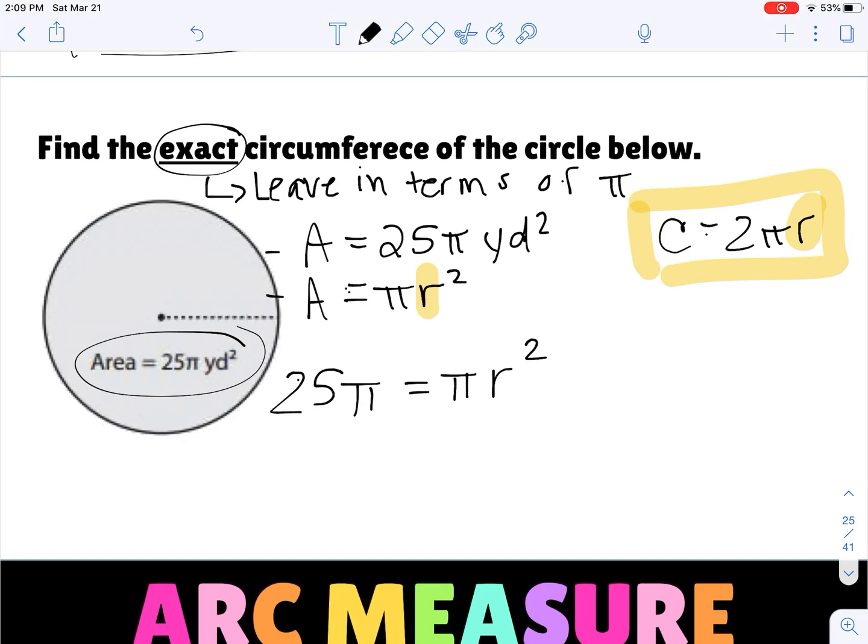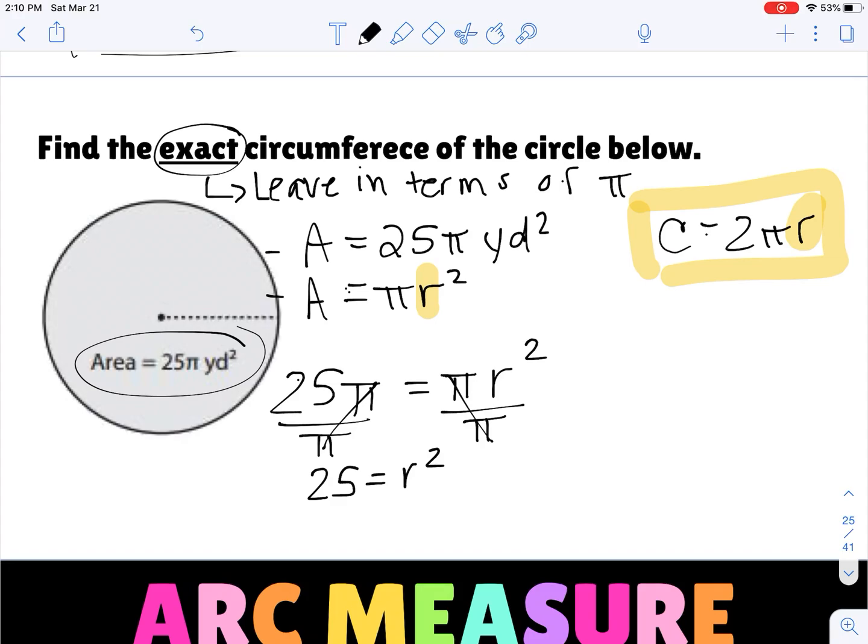We want to get that radius by itself, and what's stopping that is the pi. We have pi times radius squared, so to undo multiplication, we divide. The pi's will cancel on this side as it will on this side. And this is why we like to keep our answers exact, because if we had rounded 25 pi, it would be harder to divide by pi.